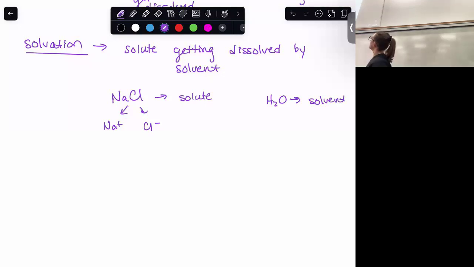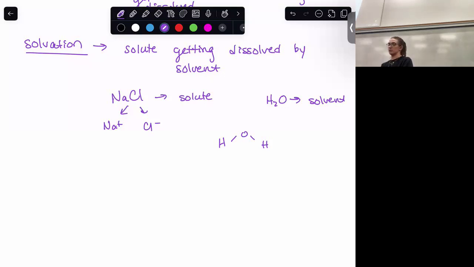So we have these sodium ions and chloride ions being added to a whole bunch of water molecules. When we look at a water molecule, is that a polar molecule? Yes. Where are our polar ends?